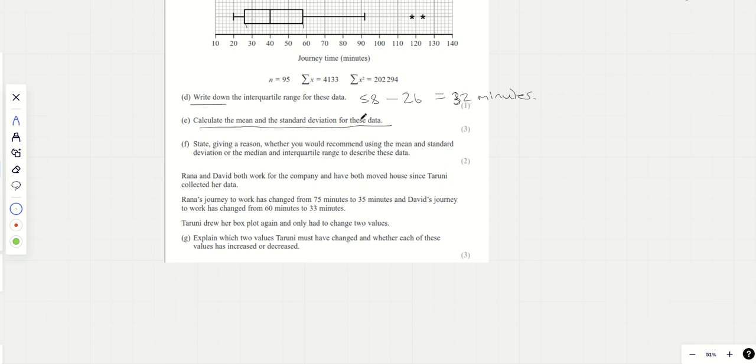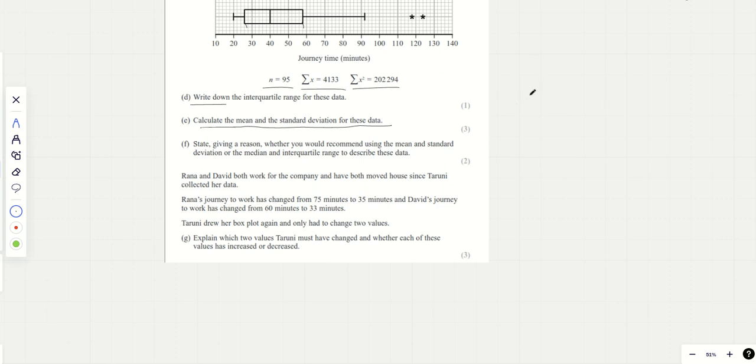Calculate the mean and standard deviation. Here's where you see that you do need to know the formulas, because there's nothing to type into your calculator. Most of the time the questions do give you the original data and you can just plug it into your calculator, but this isn't one of those times.